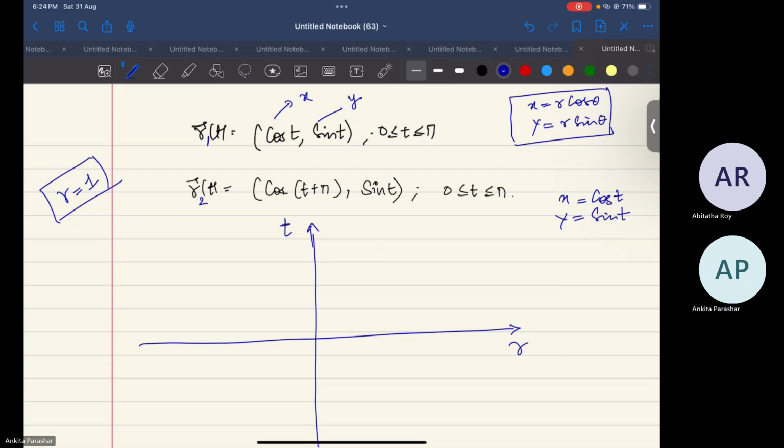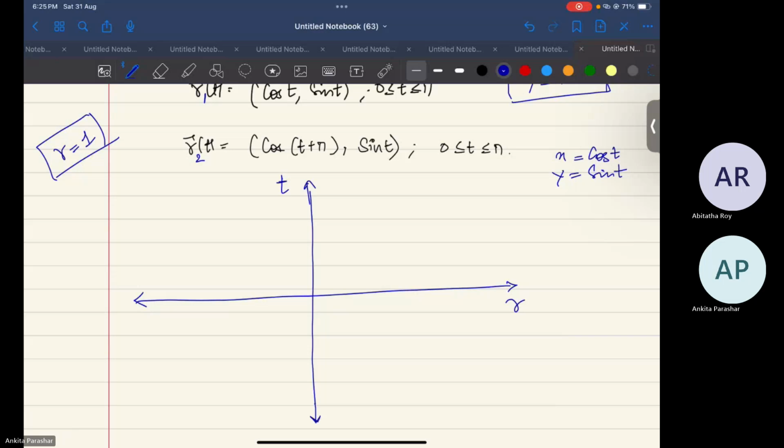So this is my point 0, comma 1, at t is pi by 2. And this is all it covers. This is my first curve, R1.